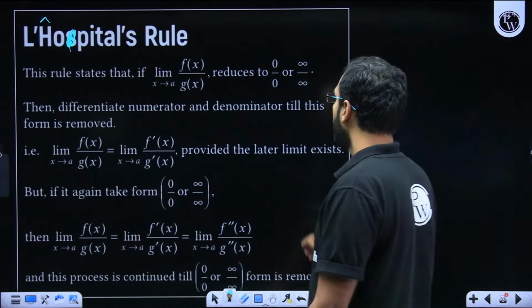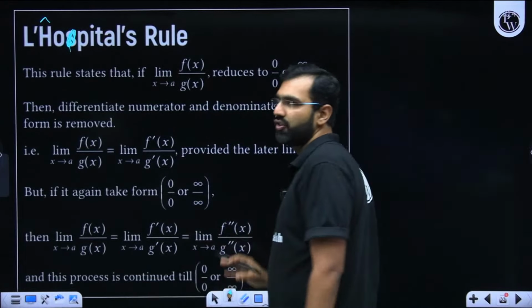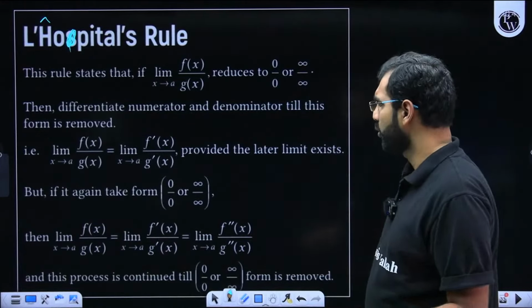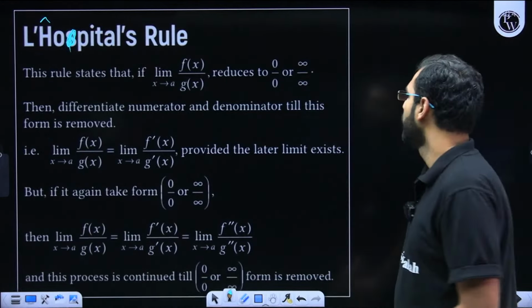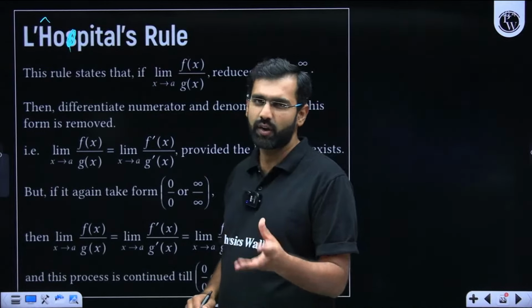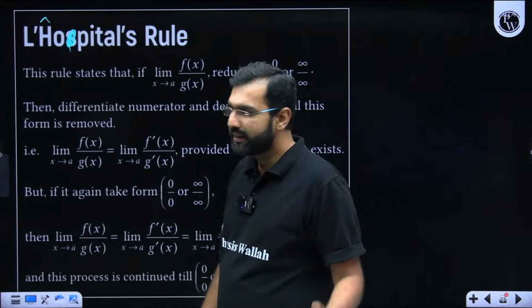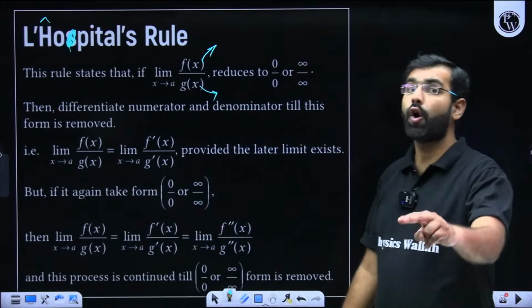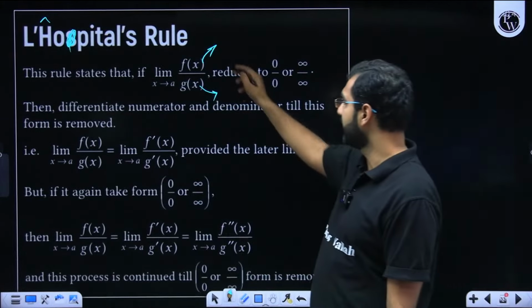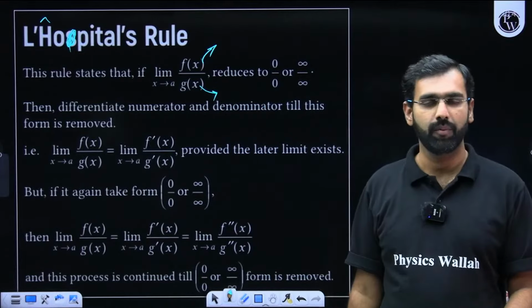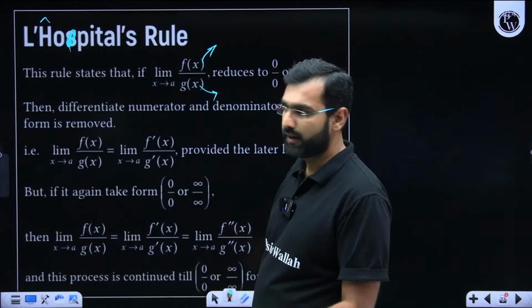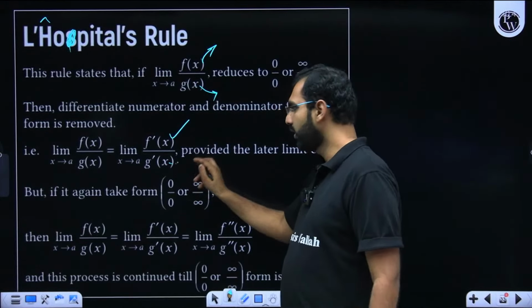I hope you remember, whenever you are solving a question based on limits, f of x upon g of x is given, where x approaches either 0 or infinity or a. In that case, if f of x approaches 0 and g of x also approaches 0, or both approach infinity, which means it is either a 0 by 0 form or an infinity by infinity form, then you can apply L'Hopital, where you differentiate numerator and denominator separately.